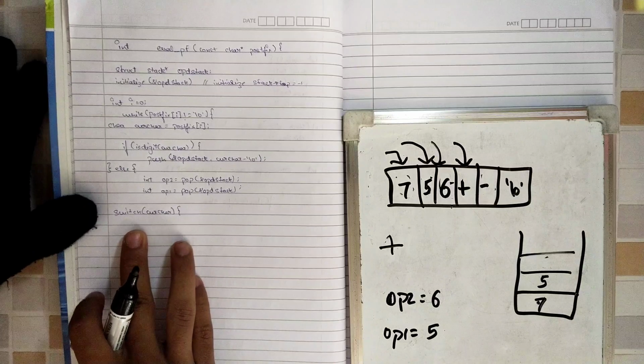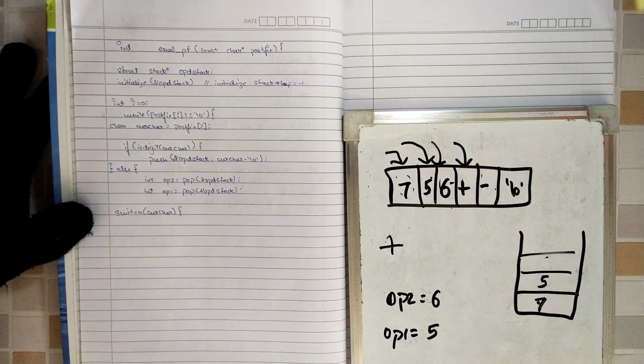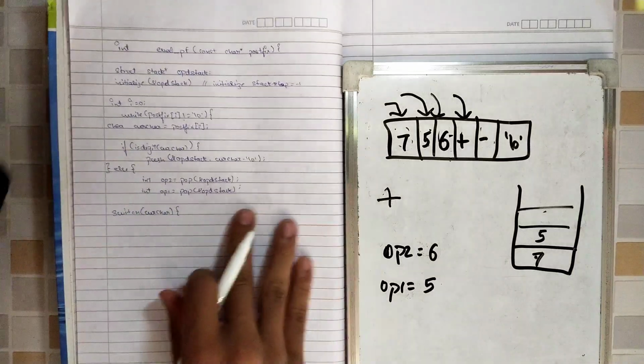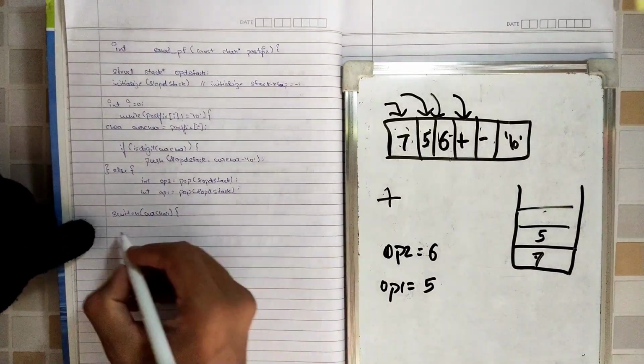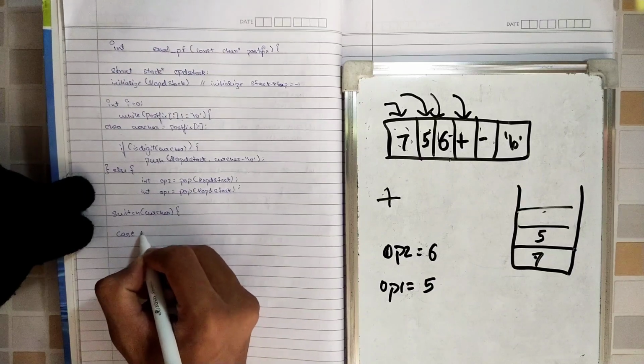Now we have a switch statement in which we put the current character. Whatever my current char is, it will be holding an operator now. So here we write this block of code, which I will write now. First we have current char, in that we will have case, the first case we put is case plus.